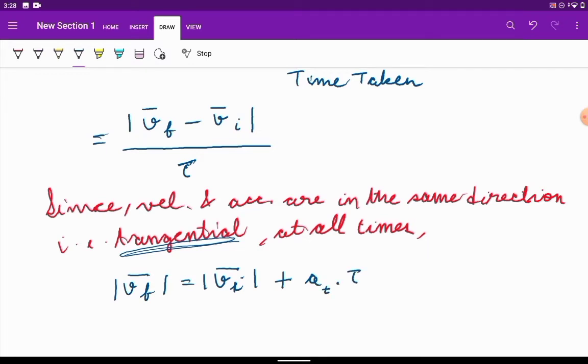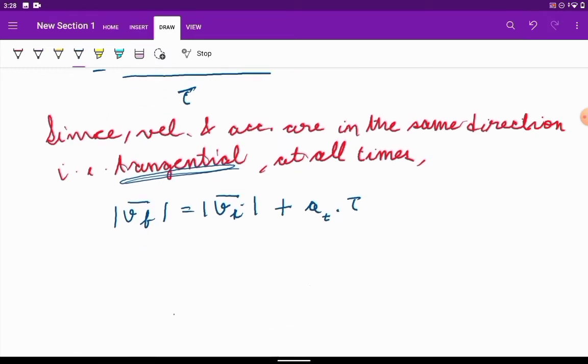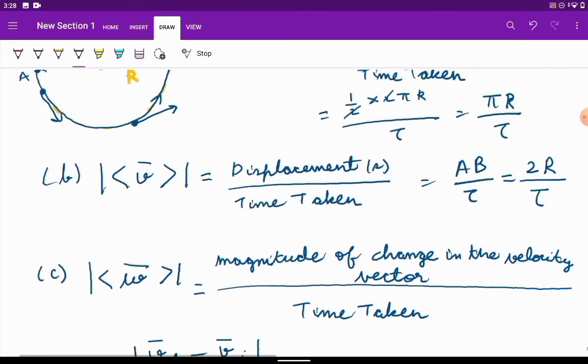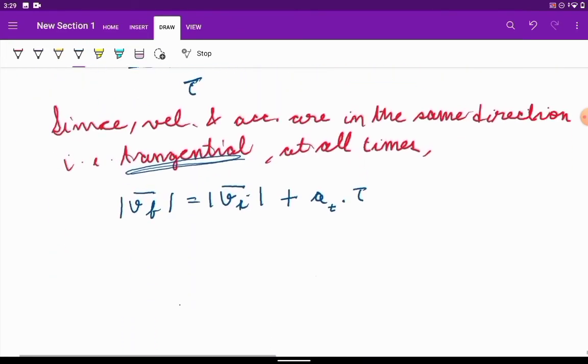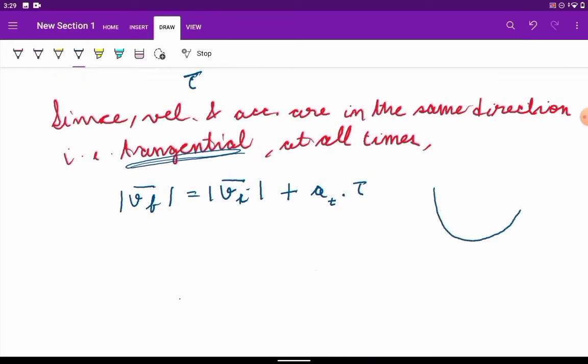Now one more thing that is really important to understand. I'll redraw this trajectory from A to B. If we consider the velocity directions initially and finally, this is your Vi and this is your Vf. They are in opposing directions.